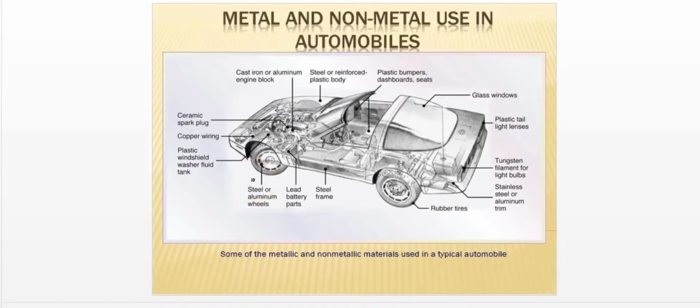And then metal and non-metal use in automobiles. Okay, so these are some examples of the materials that we use among metal, polymer and ceramics. There are many applications in the car, in the automotive industry to be exact. Why are we using the car as an example?